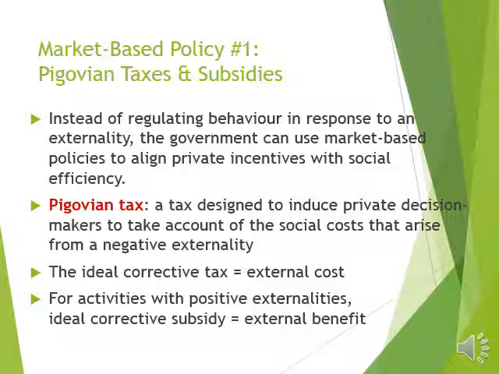Basically, what you need to do is you need to tax things which actually have an external cost associated with them, or you need to offer a subsidy to things that have an external benefit associated with them. Now, this was basically developed by a guy called Arthur Pigou. So he was a famous economist about 100 years ago or so. And so this type of tax is called a Pigovian tax.